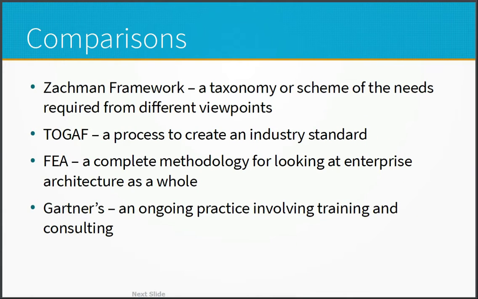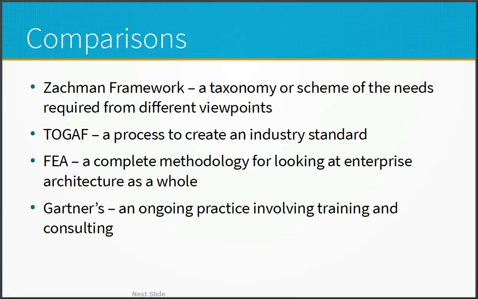The Zachman framework is mainly a scheme of the needs required from different viewpoints for an entire enterprise system. However, the main goal of the Open Group Architecture Framework is to create an industry standard on how to develop architectures. On the other hand, the Federal Enterprise Architecture can be viewed as either a methodology for creating an enterprise architecture or an implemented enterprise architecture.